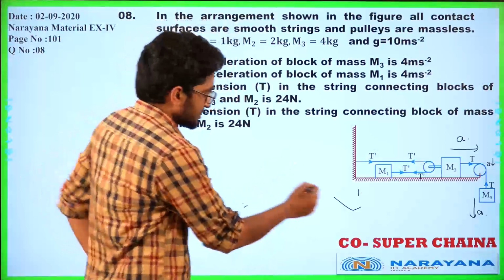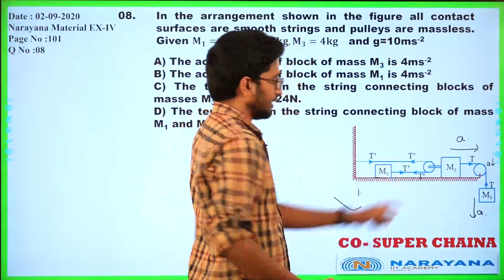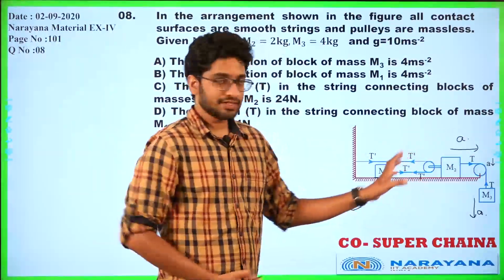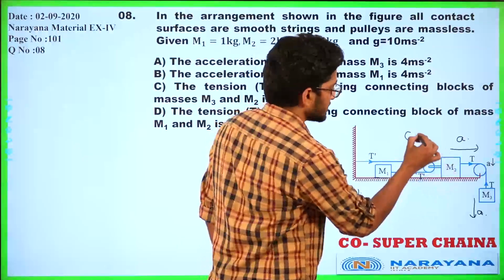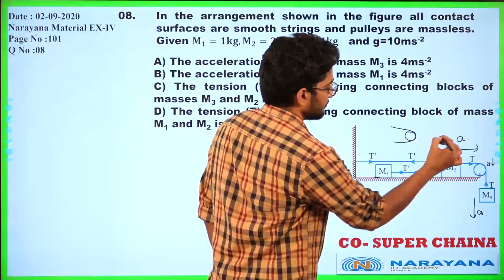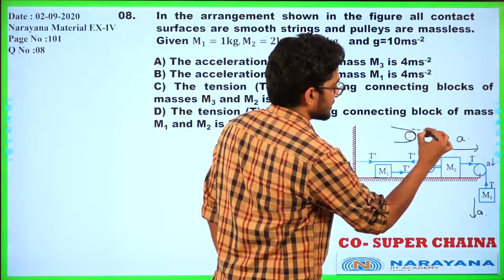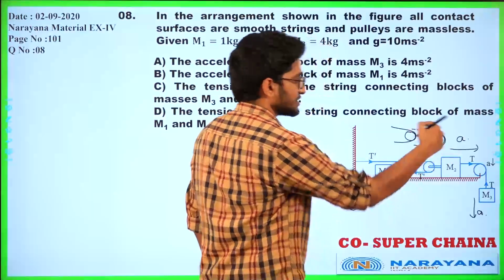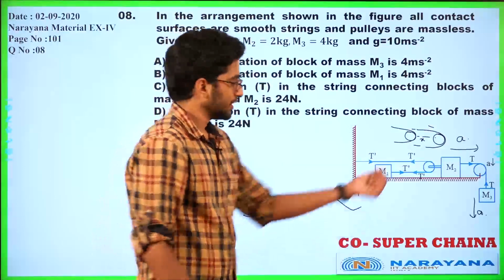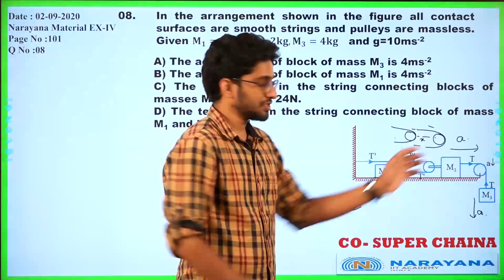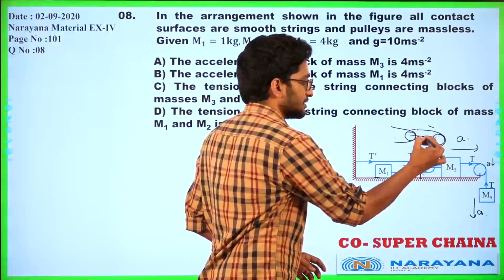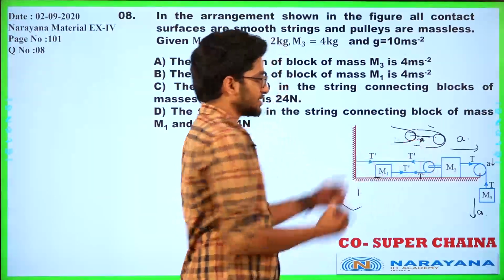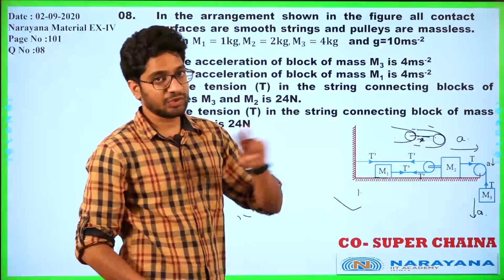And what about the acceleration of this? Again, if this block moves by a distance x, the pulley also moves by a distance x, right? So from this position, the pulley moves by a distance x. So if this moves by a distance x, extra thread required is 2x, right? If the pulley moves from this position to this position through a distance x, extra length of the thread required is x on the upper side, x on the lower side, 2x is required.